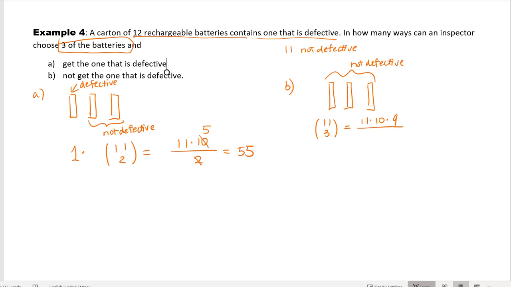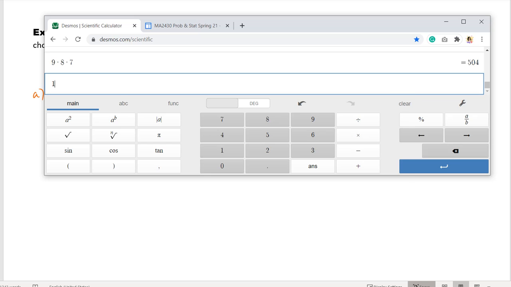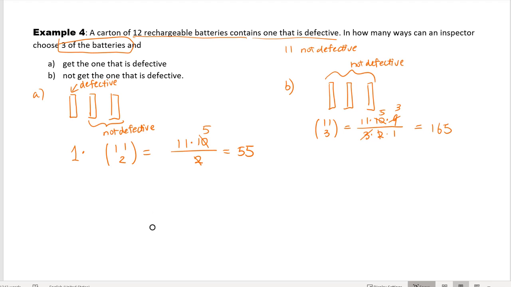So 3 numbers, stop right here. And then the denominator, we have 3 factorial, which is 3, 2, 1. So 3 and 9 cancel, we get 3 on top. Here we cancel, we get 5. So the answer is 11 times 5 times 3, 165. So 165 is the answer.